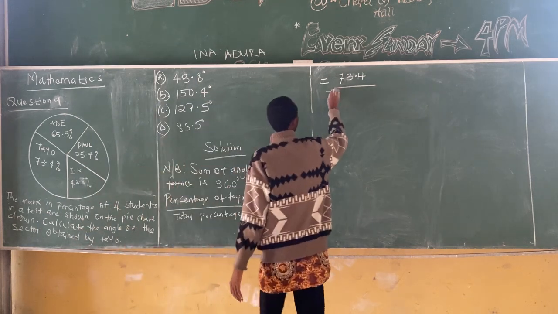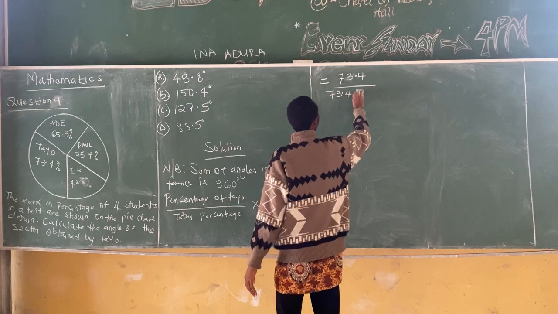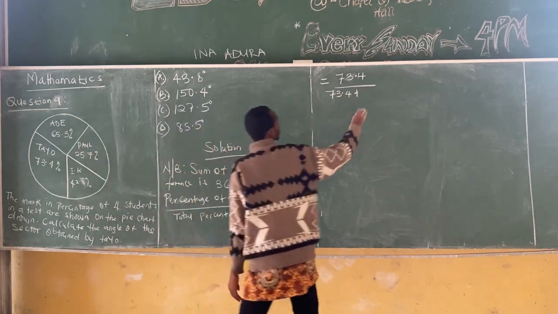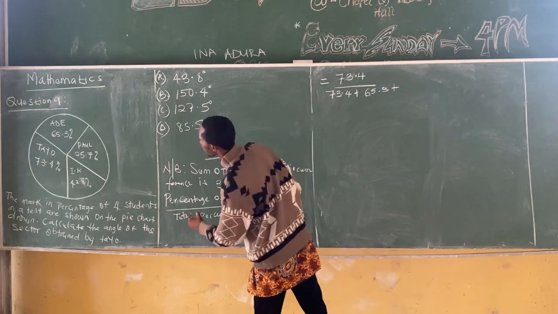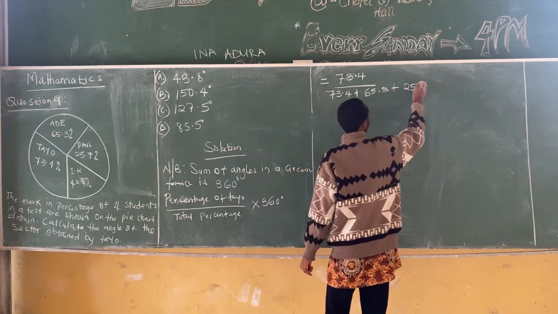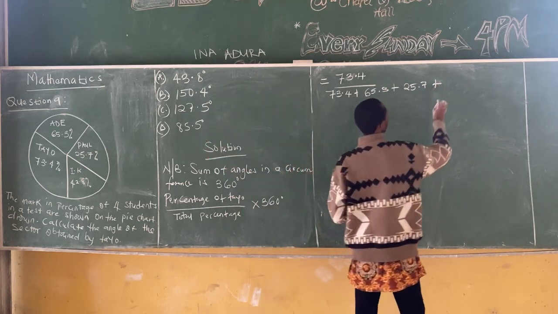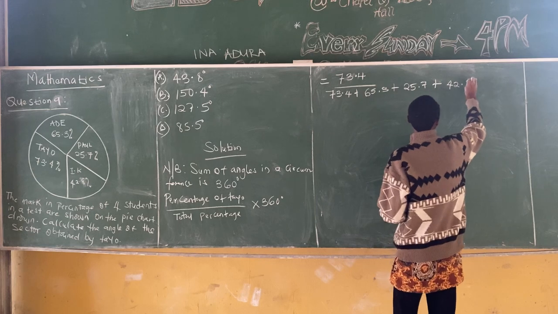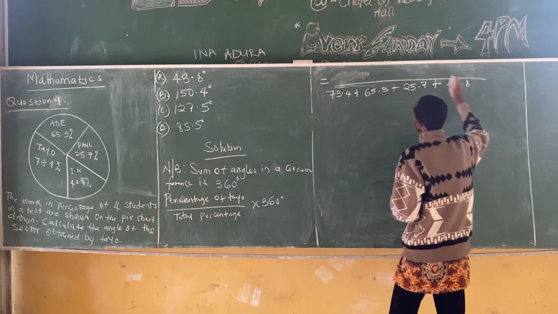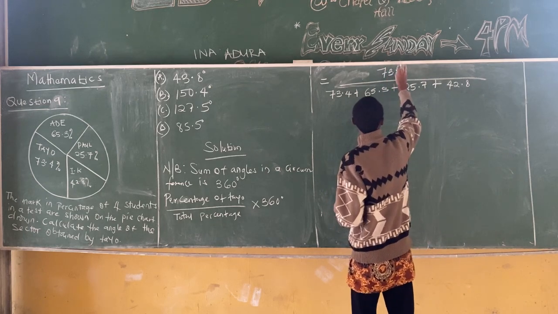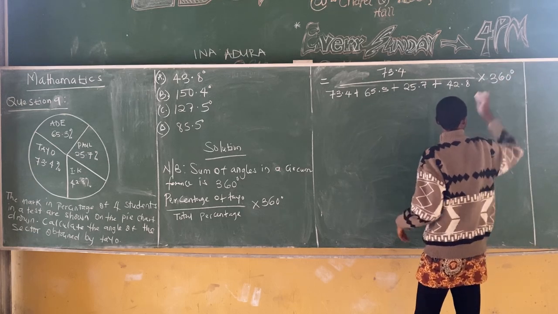We have 73.4 plus, are these what? 65.3 plus POR is what? 25.7 and IK is what? 42.8. All is divided by 73.4 times 360 degrees.